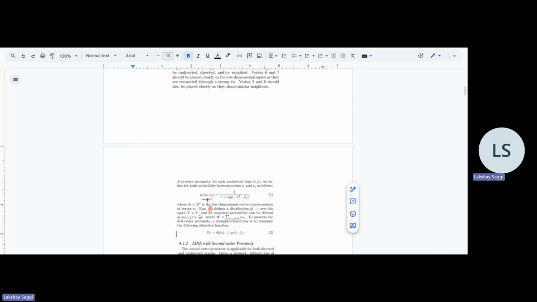But the high level idea is okay, like if the ui and uj vectors are similar to each other, or very close to each other, then this ui dot uj value is very large, so the negative of ui dot uj becomes very small, and then this whole value becomes smaller if ui dot uj becomes large.